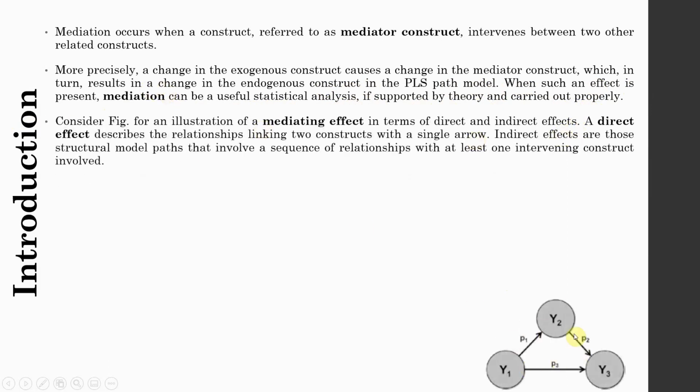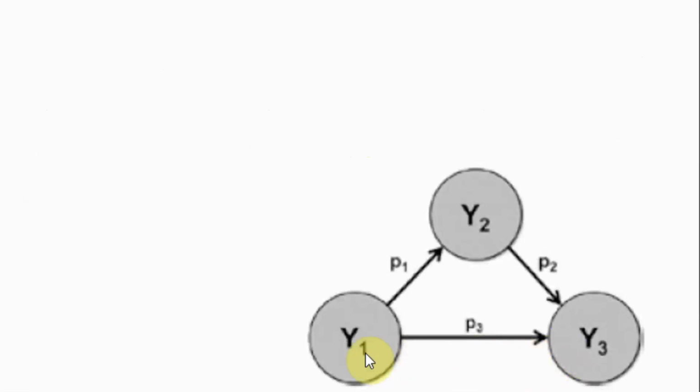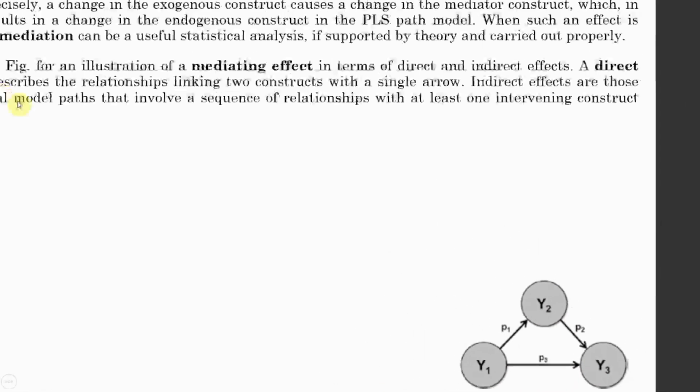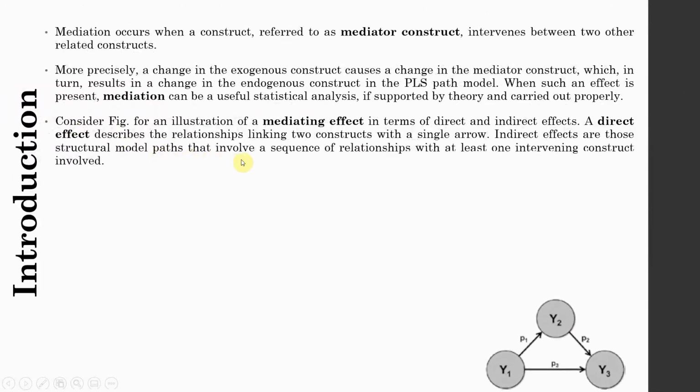Consider this figure for illustration of mediating effect in terms of direct and indirect effects. A direct effect describes the relationship linking two constructs with a single arrow. Now this is your direct relationship: y1, y3, y1, y2, y2, y3. Indirect effects are those structural model paths that involve a sequence of relationships with at least one intervening construct.